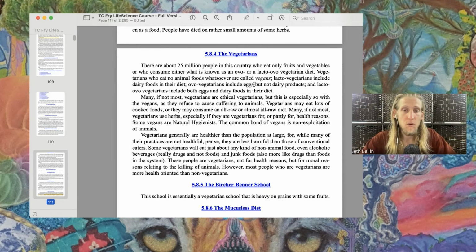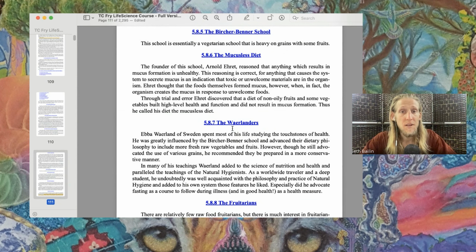Something T.C. Fry also wrote elsewhere is that you need a good balance of both ethics for the animals and personal health nutrition. Two of those pillars are going to support a healthy lifestyle as a vegetarian or a vegan. And if you lack one of them, then you might easily be swayed and pushed from your decision to be vegetarian.